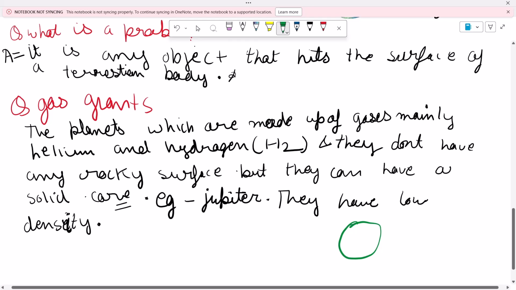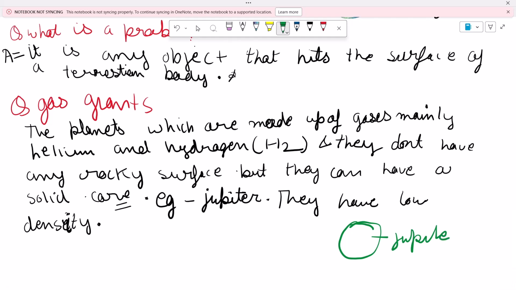Suppose this is a gas giant named Jupiter, and you try to land on Jupiter, you will directly fall into its core. You won't survive because the atmospheric pressure in the layers of Jupiter will not allow you to enter its core alive. It will just crush you.